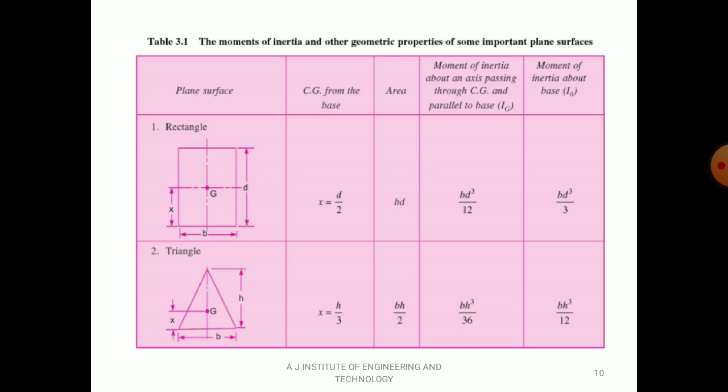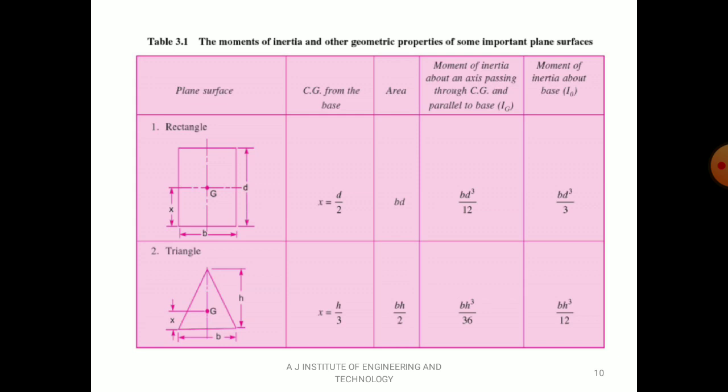So X equal to D by 2. Area you know, B into D. Moment of inertia about an axis passing through CG and parallel to base, that is Ig, because we have Ig in the formula. You have to remember this expression: moment of inertia of rectangular shape, that is BD cube divided by 12.